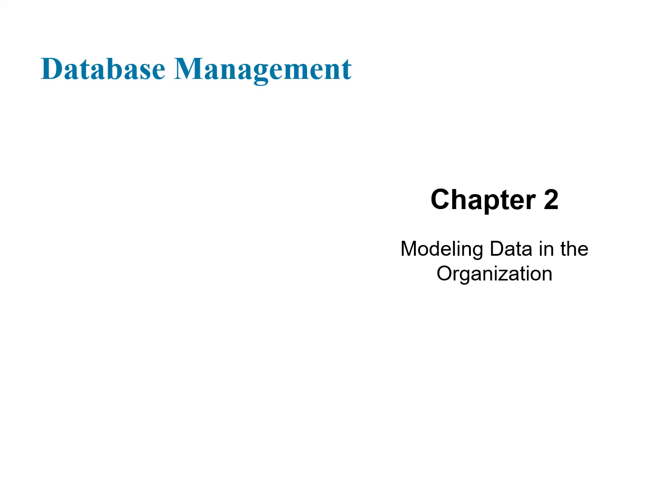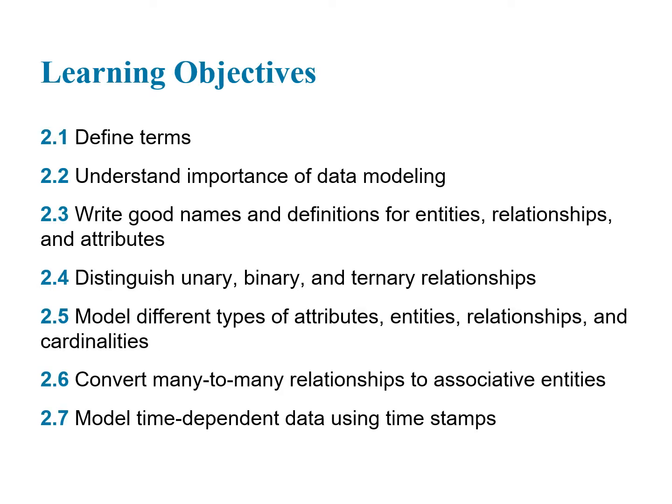Hi, this is Database Management class, Chapter 2, Modeling Data in the Organization. In this chapter, we're going to study several definitions of terminology, and also the importance of data modeling.